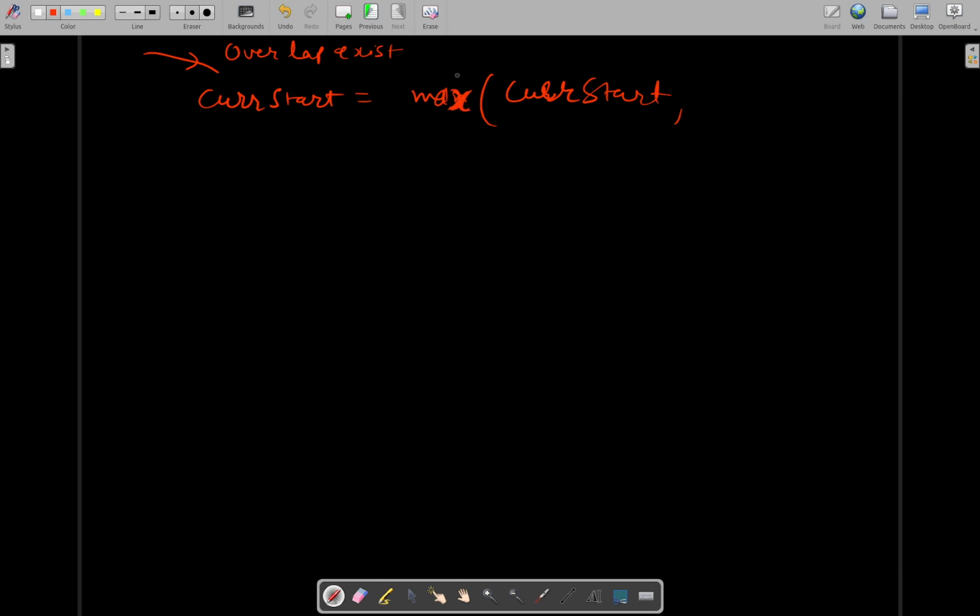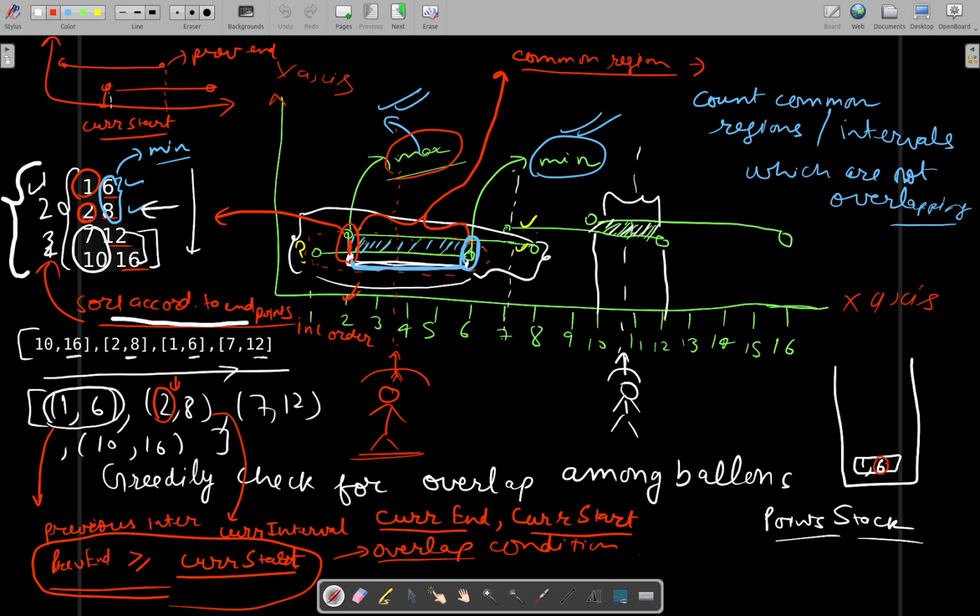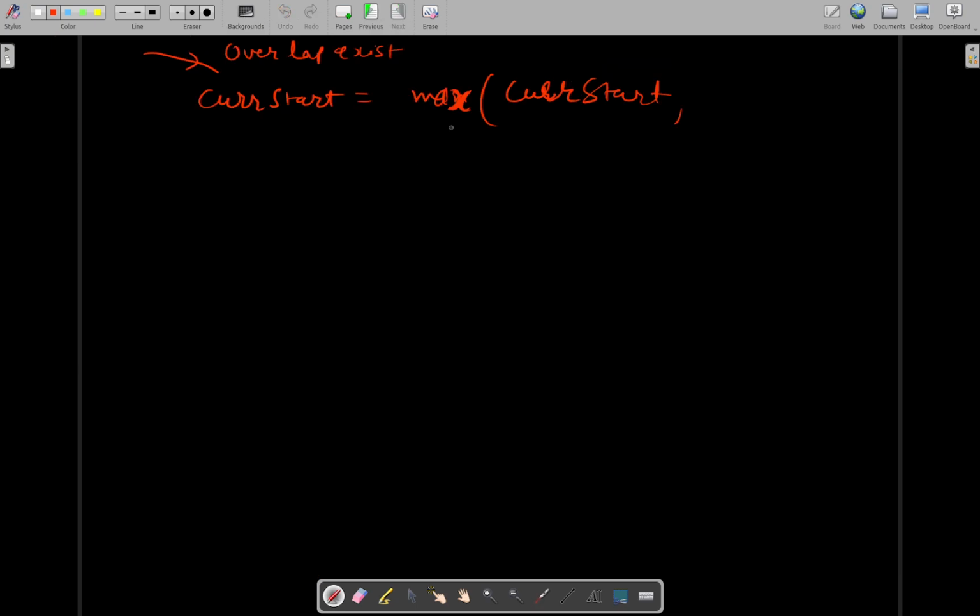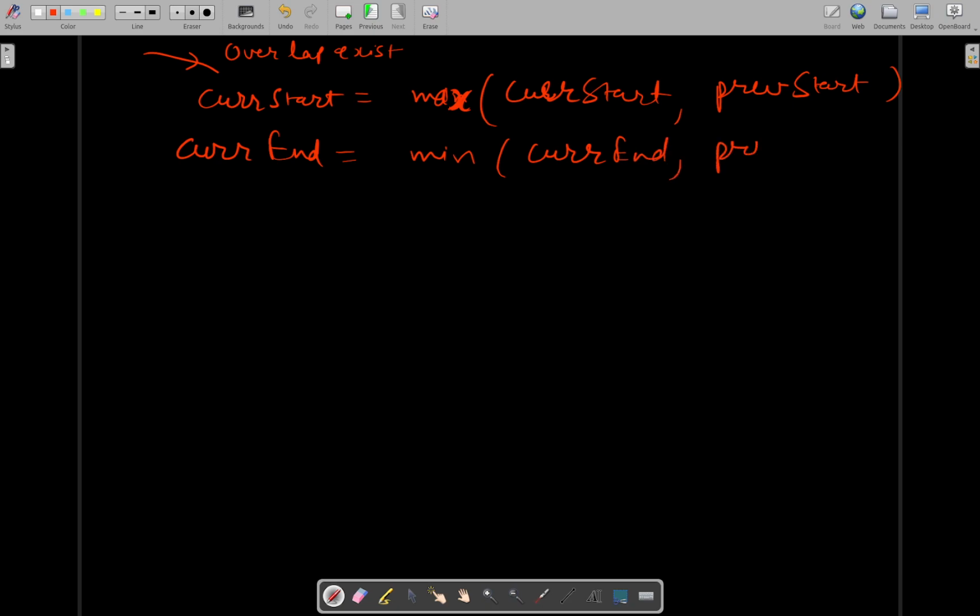As we discussed, for the start part we are taking maximum values and for the end part we are taking minimum values. So maximum of current start and previous start, and current end will be minimum of current end and previous end.